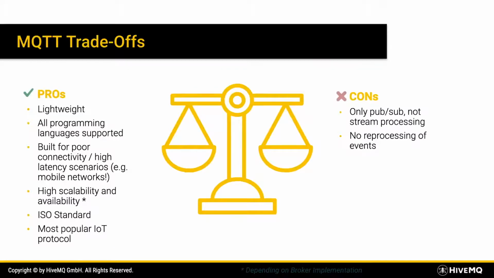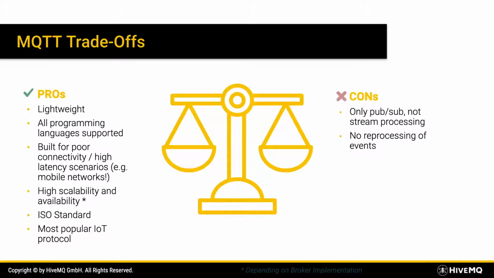Looking at MQTT, we have a number of pros, of course. It's a lightweight protocol. Support comes across all programming languages. It is really built to resist high latency and low connectivity network conditions.